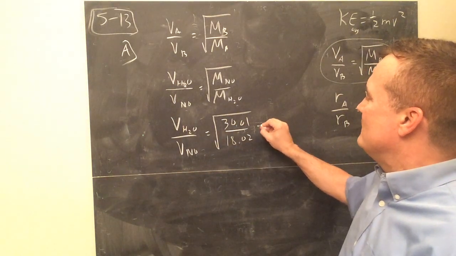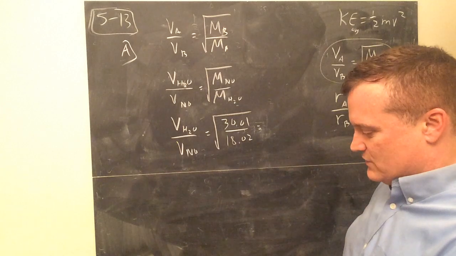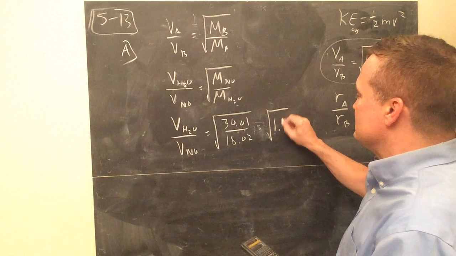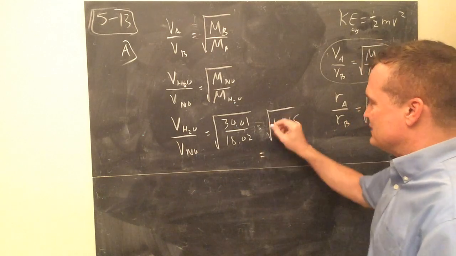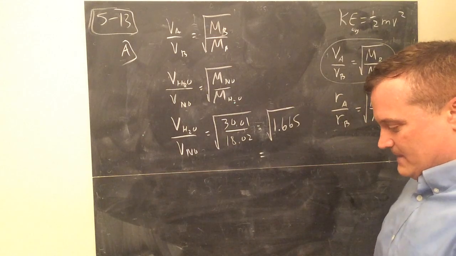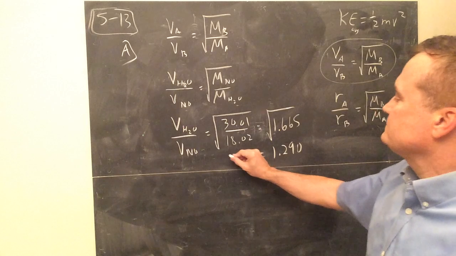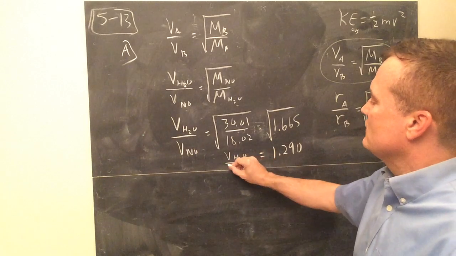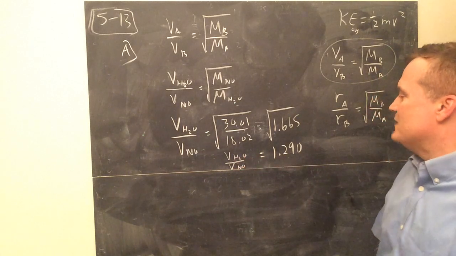Now, when I divide that out, 30.01 divided by 18.02, it's the square root of 1.665. And then if I actually get the square root of that, 1.290 is the answer. So the velocity of H2O gas compared to the velocity of nitrogen monoxide gas is 1.290.